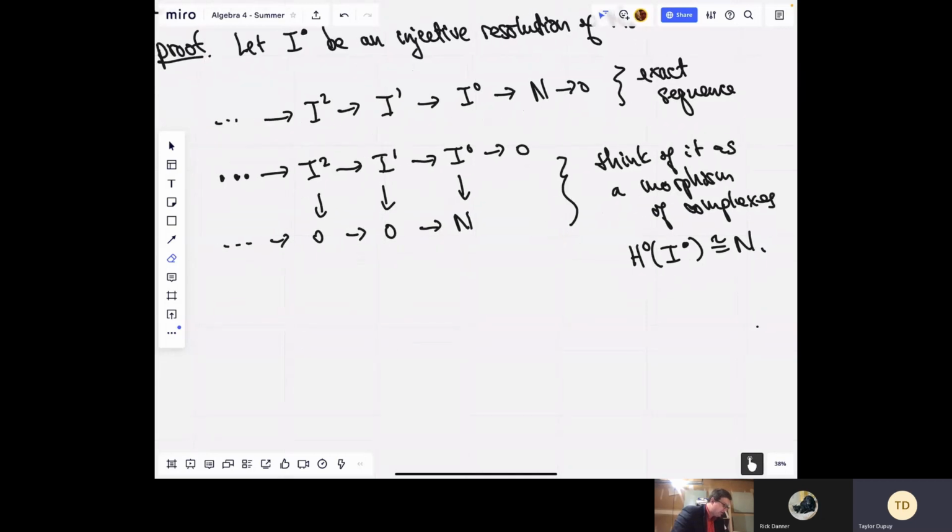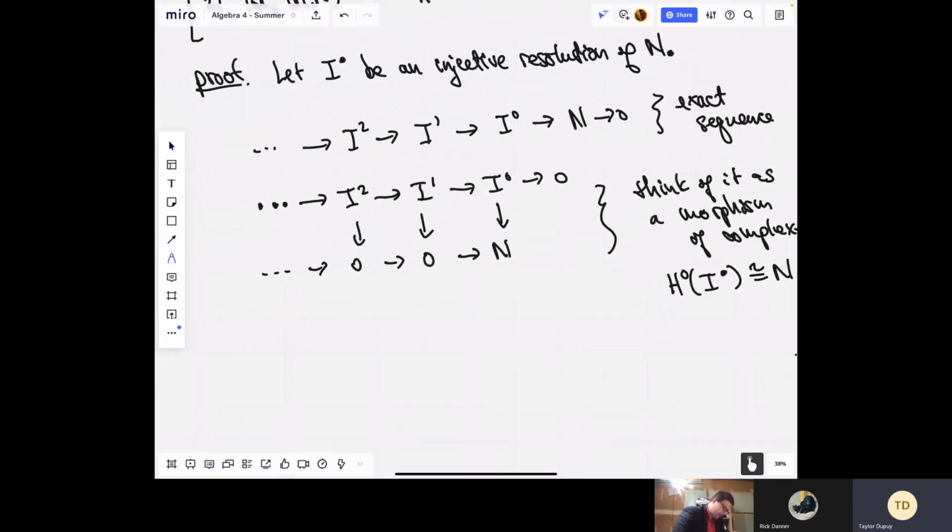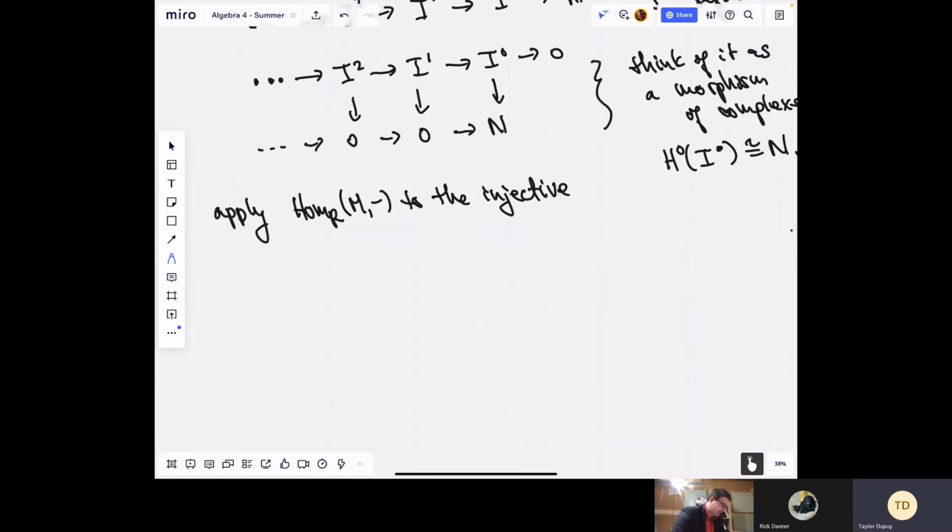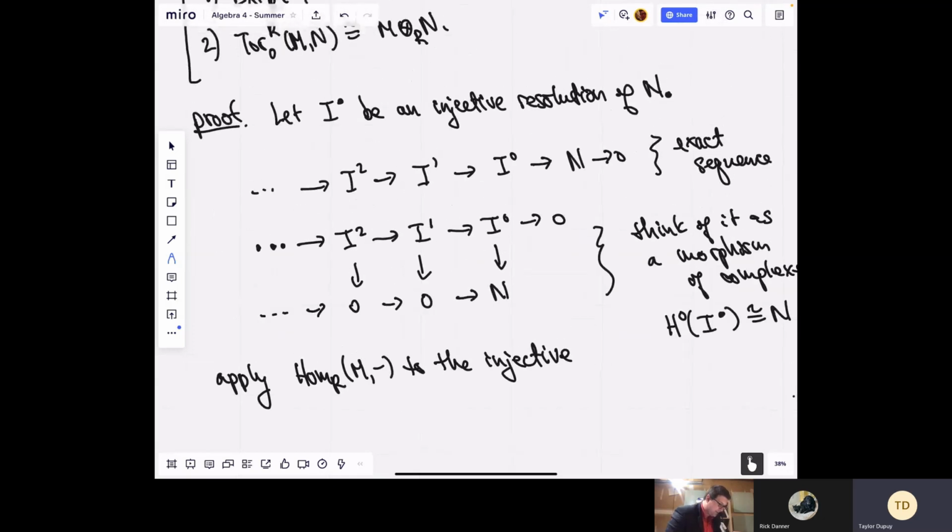Okay, so to compute Ext, we take the injective resolution and apply Hom_R(M, blank) to it to get a new complex, and this is the complex computing Ext. Oh, sorry, I wrote this backwards. I wrote down a projective resolution, so I need to flip all the arrows here.